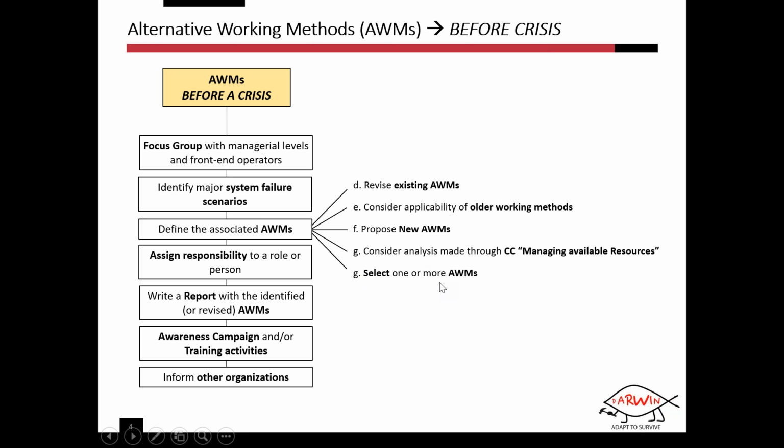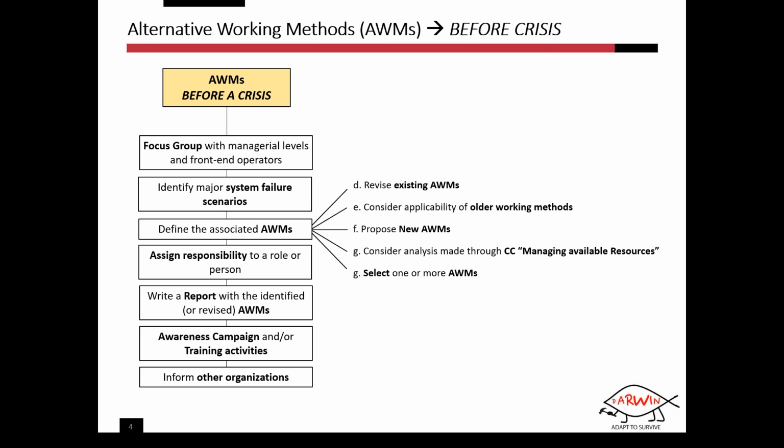So you first consider different strategies: revision of an existing method, applicability of an older method, completely brand new alternative working method, also an analysis of the resources, but at the end you have to select one or more methods that then you will indicate in a dedicated report that all the organization has to know. So this is the process as it would appear before a crisis.